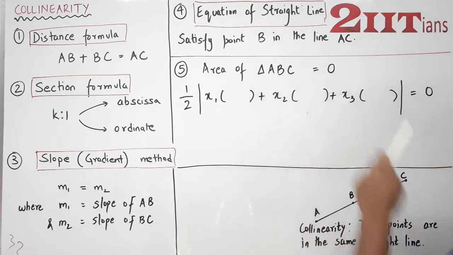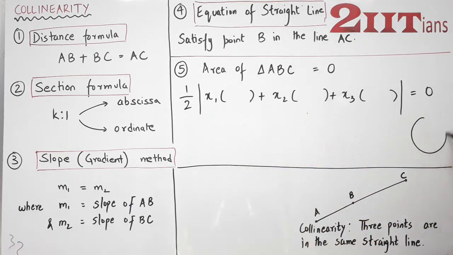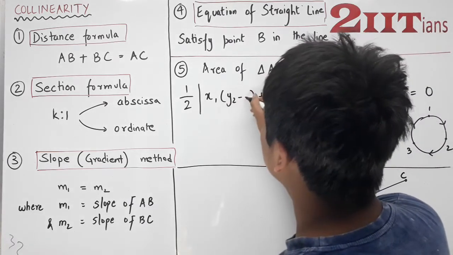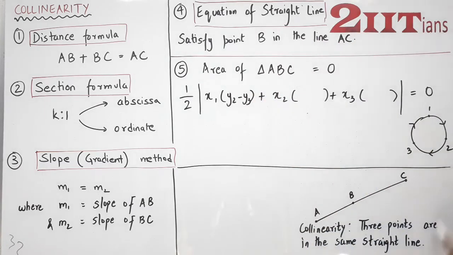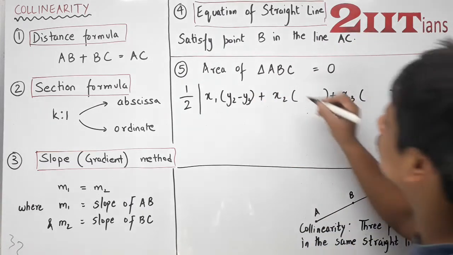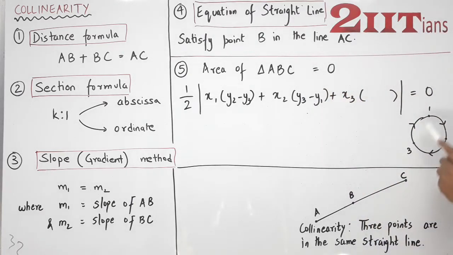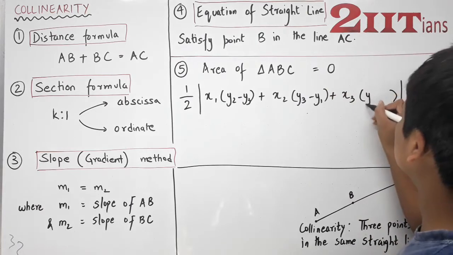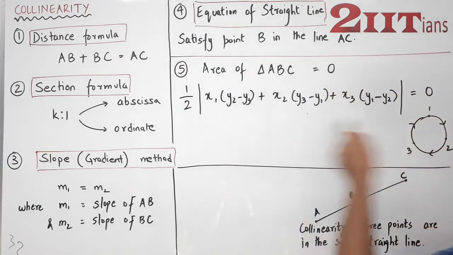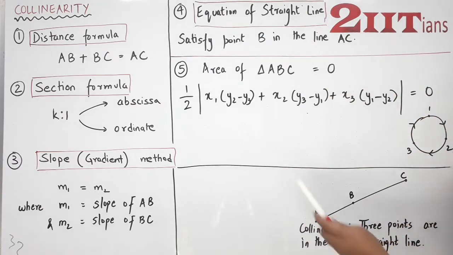And what we will fill in the brackets, we will learn by this circle 1, 2, 3. We will go clockwise. After 1 we have 2 and 3. So y2 minus y3. After 2 we have 3 and 1. y3 minus y1. After 3 we have 1 and 2. So y1 minus y2. Here we will have to prove that the area of the triangle is 0.